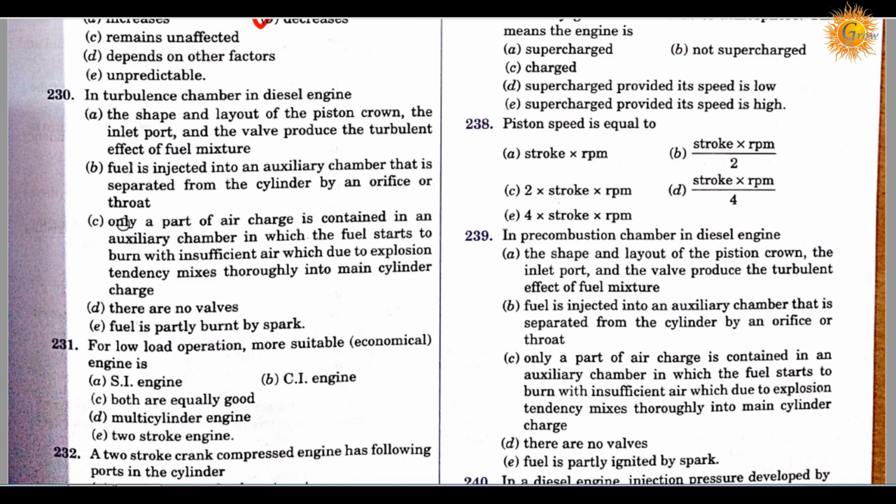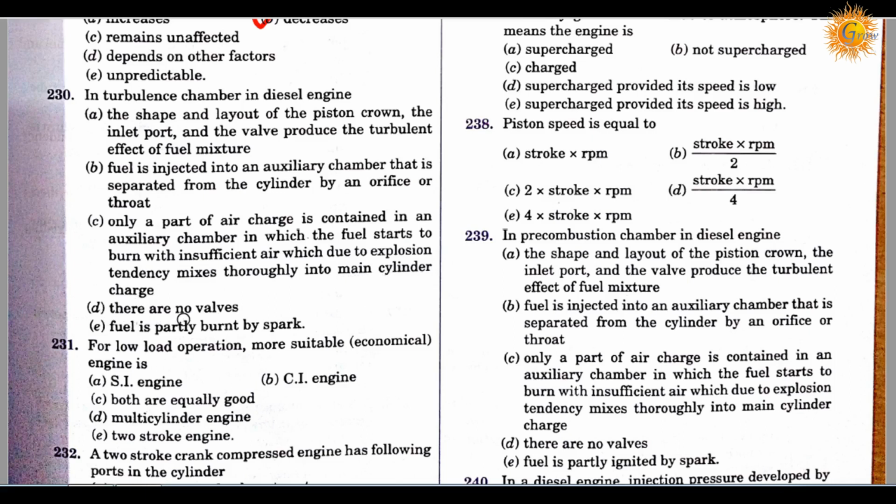Option C, only a part of air charge is obtained in an auxiliary chamber in which the fuel starts to burn with insufficient air, which due to explosion tendency mixes thoroughly into main cylinder charge.